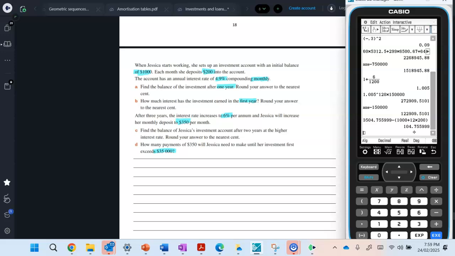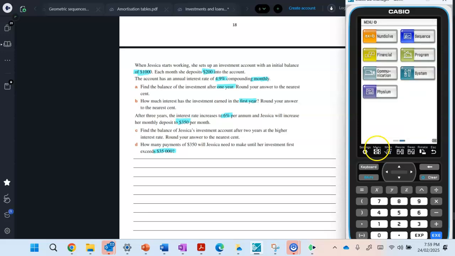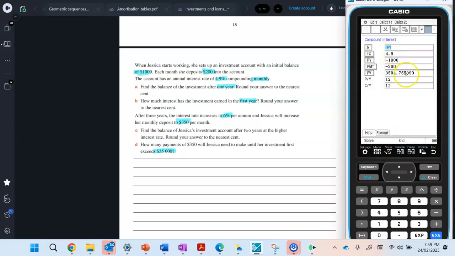All right, after 3 years, the interest rate increases to 6% and Jessica will increase her deposits to $350. So let's go back to Financial Solver. So we've got to round this to 2 decimal places. So I'm going to do that now before I copy it. Or I'm going to cut, and I'll keep, let's clear it.